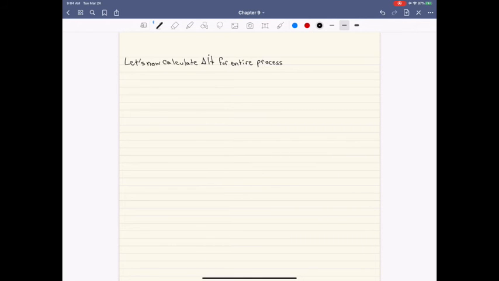In order to calculate that, we can use the equation we defined before, so we're going to use our heat of reaction method. First we account for the reaction in our process, and that's handled by the product of the extent of reaction times the standard delta HR dot for the reaction.